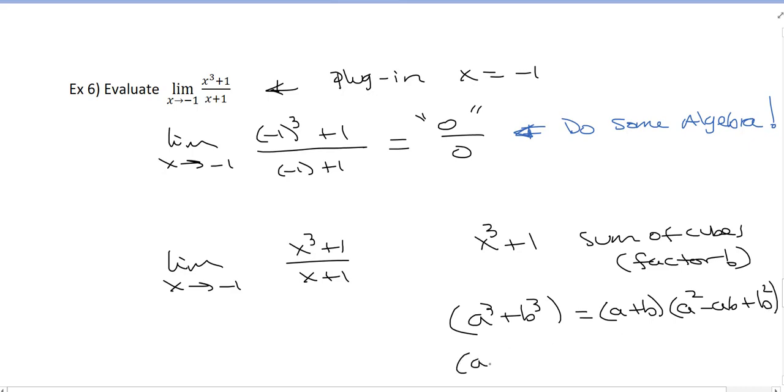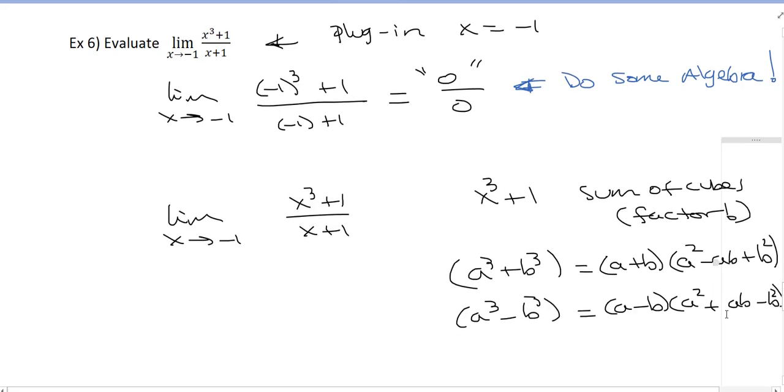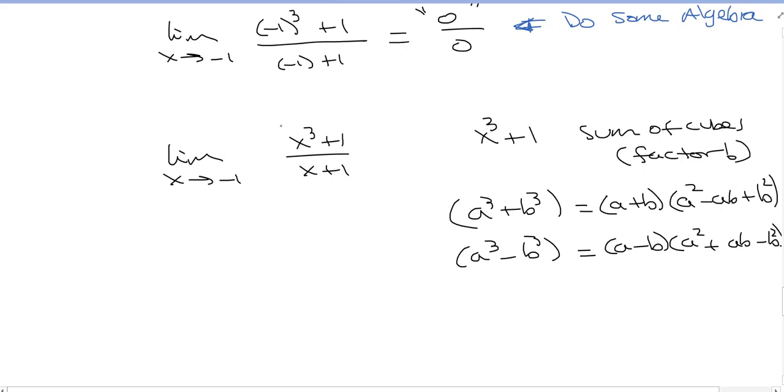And just to review the difference in case you encounter it elsewhere, that's a minus b, and a squared plus ab, and then plus b squared. So those are your sum and difference of cubes formulas. And here I can use the sum of cubes. My a is x and my b is 1: a cubed plus b cubed, x cubed plus 1 cubed, which is 1.